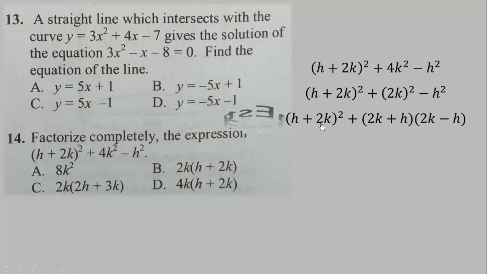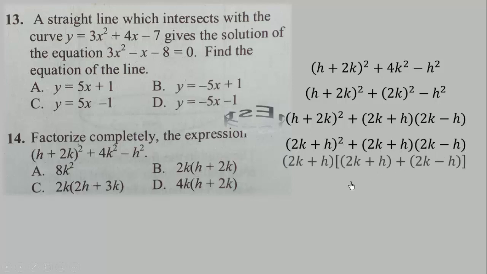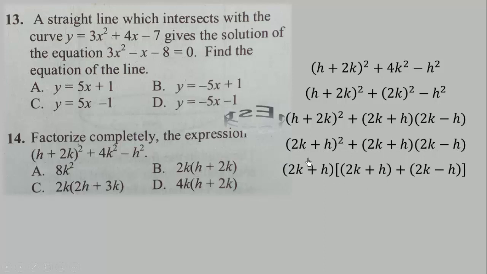Also note that h plus 2k is the same as 2k plus h. So we can factor, because there's 2k plus h, there's 2k plus h. So when we factor, we obtain this expression, which can still be reduced. You can reduce this to get 2k plus 2k, then plus h minus h by regrouping.